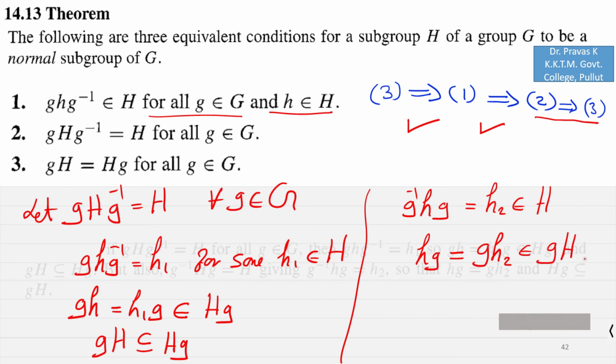Thus we have capital Hg is a subset of gH. Now together with gH subset of Hg, we obtain gH is equal to Hg, that is condition 2 implies condition 3. Hence the proof of the theorem.